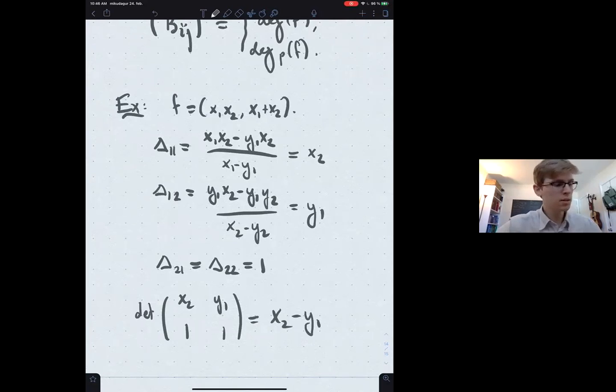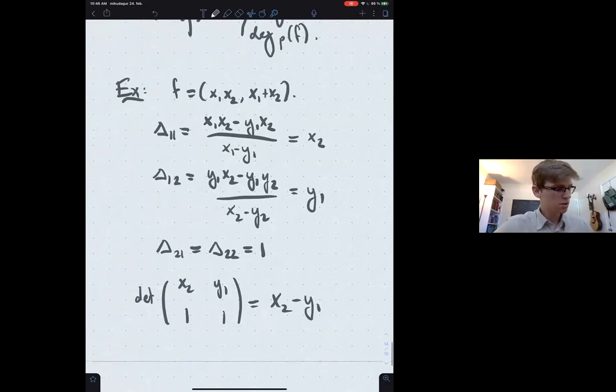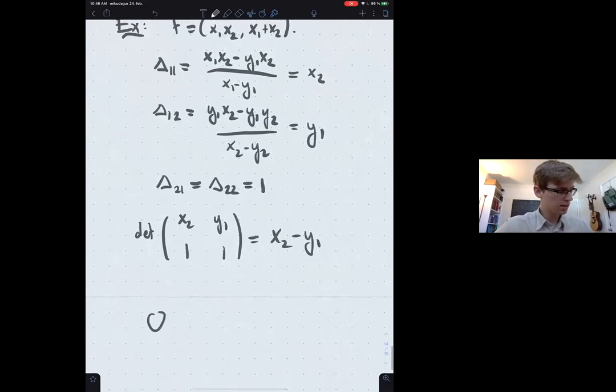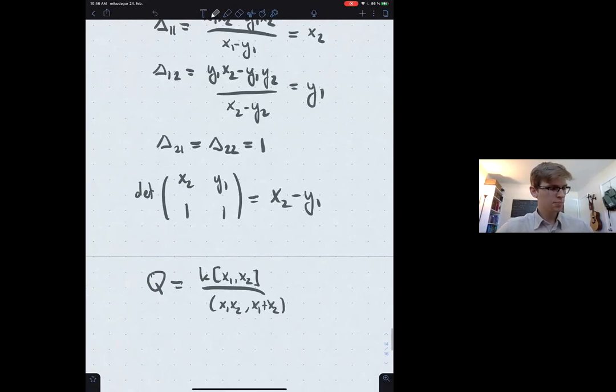But we're not quite done yet because we need to choose a basis of our local or global algebra. So in this case, we're looking at Q is k adjoin x1 comma x2 mod out by x1, x2, x1 plus x2. So a nice basis for this would be 1 and x2, for example, because this relation here kills off the x1s in that basis.